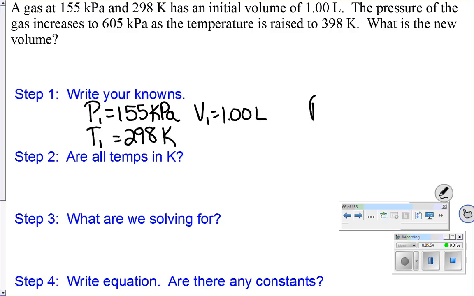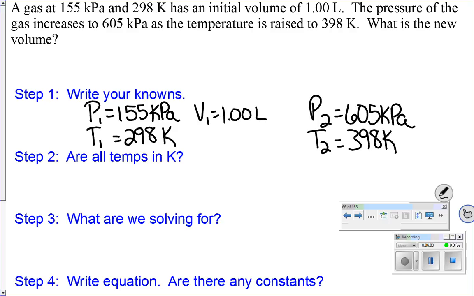The pressure of the gas is going to change to 605 kPa, and our temperature changes to 398 K. Our new volume is what we don't know, and that will come out in liters since our other volume is in liters. Yes, our temperatures are in Kelvin.